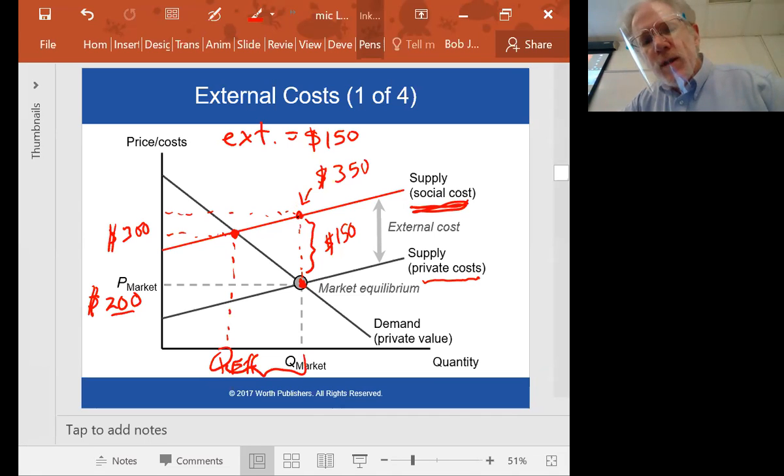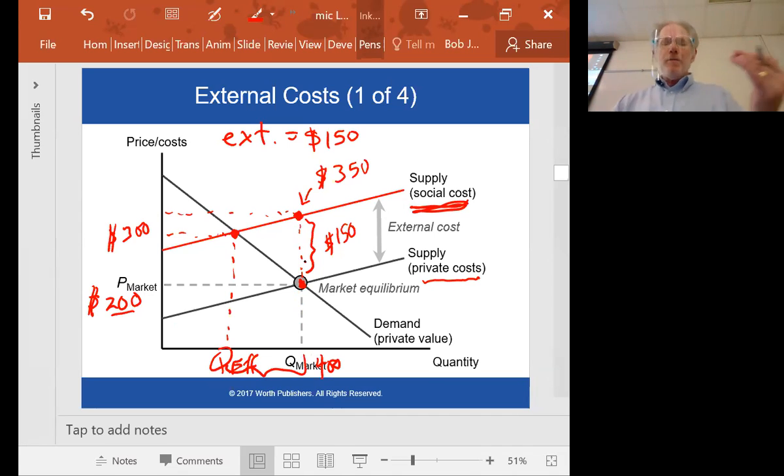So that gives us, whereas this point was, let's say it's 400. This point was $400 and $200. The benefit of that last tire is $200, but the cost, taking everything into account, is $350.